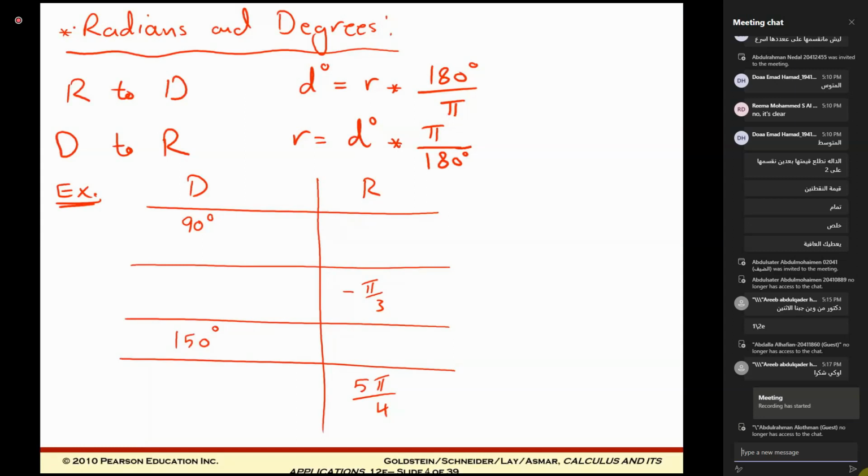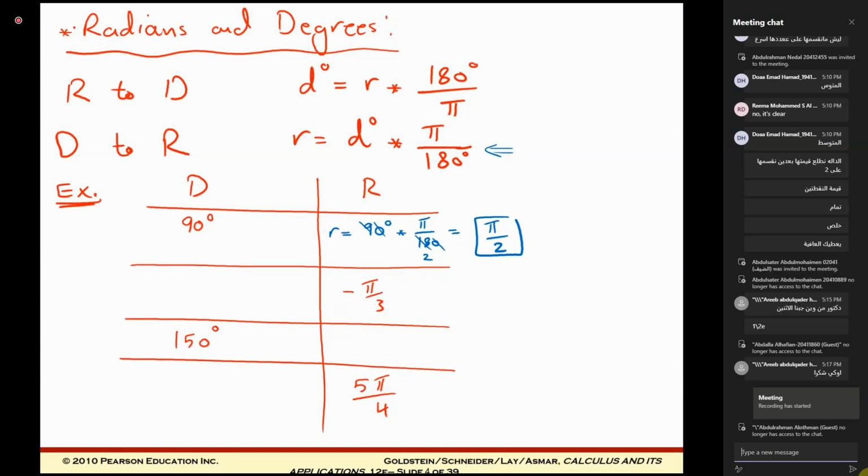We need to convert 90 degree to radian. So the radian equal 90 degree, we need to use this one. Multiply by pi over 180, remove 0 with 0, 9 with 18, so we have 2. So we have pi over 2. This is the value of 90 degree in the radian.